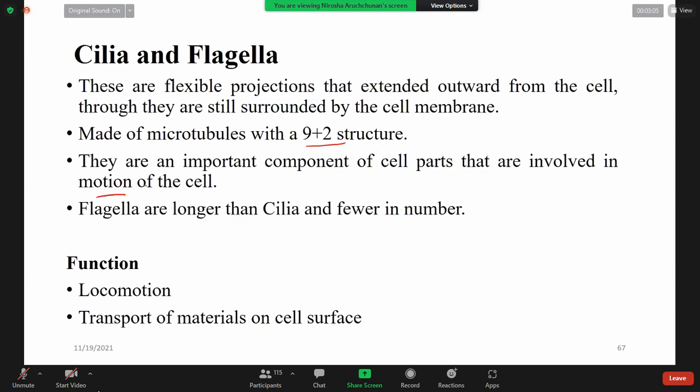Flagella are longer than cilia, but fewer in number, so cilia are high in number, right?